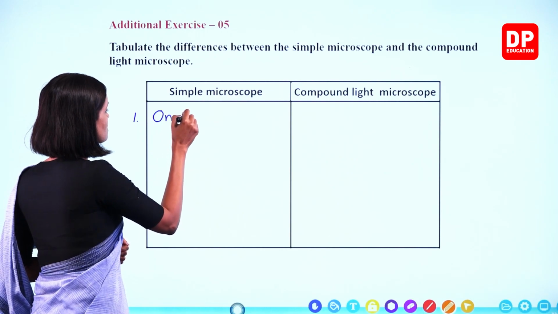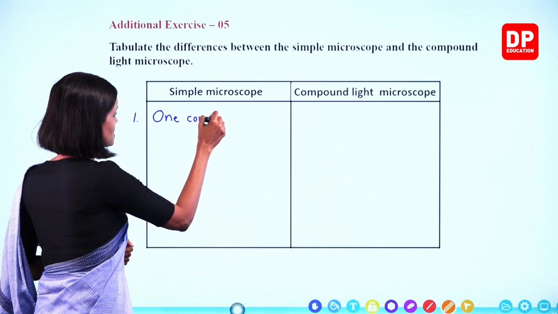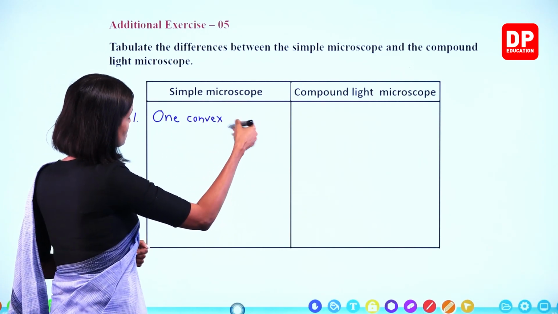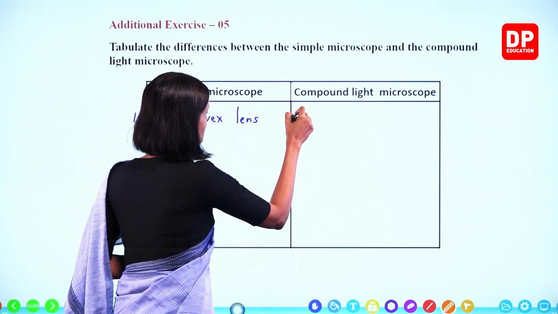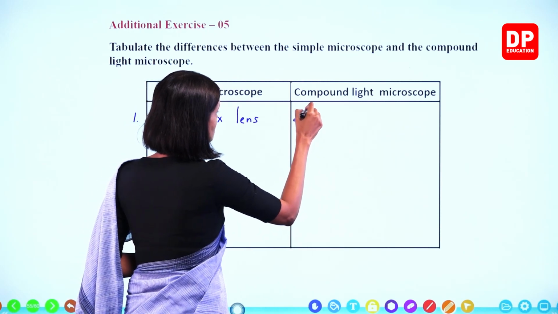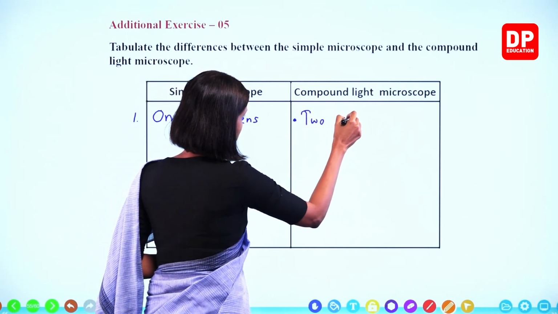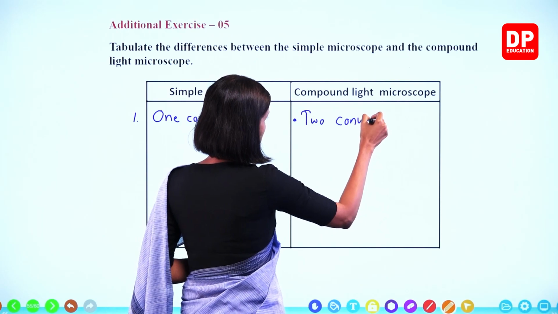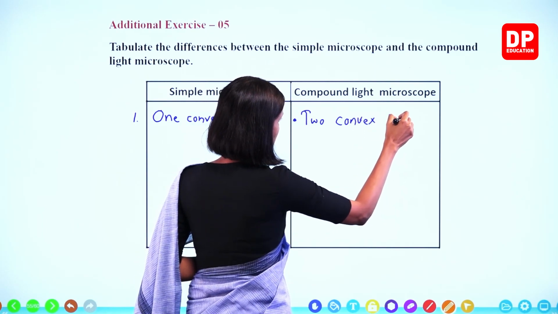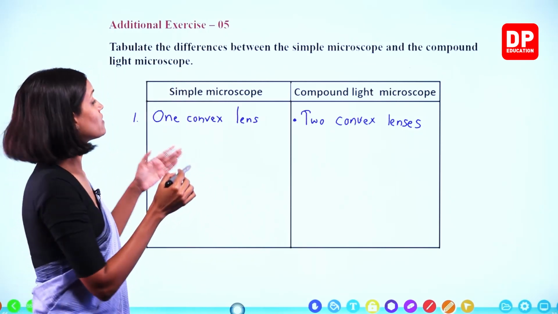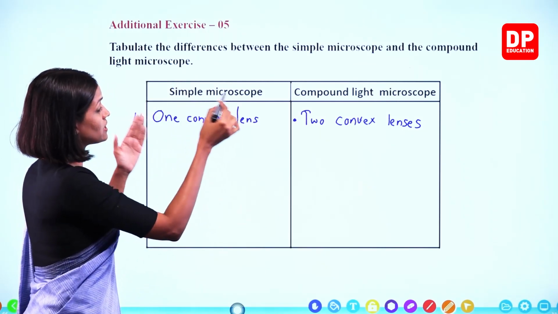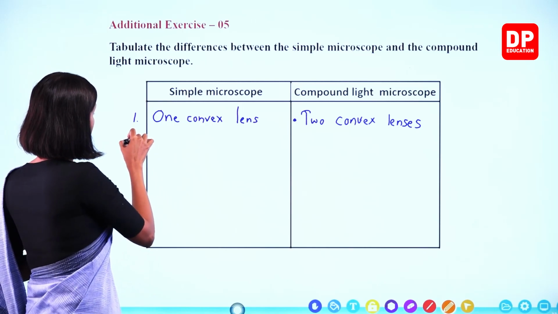We'll write very briefly. 1 convex lens. Here 2 convex lenses. And here the magnification and the resolution are lower, here higher. Okay?